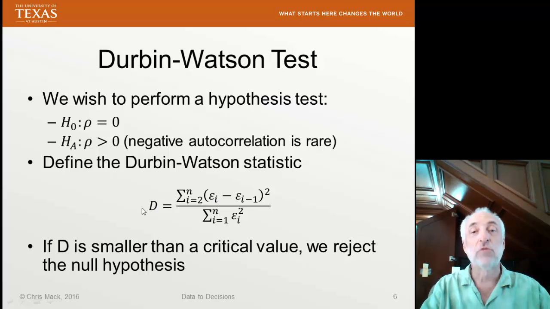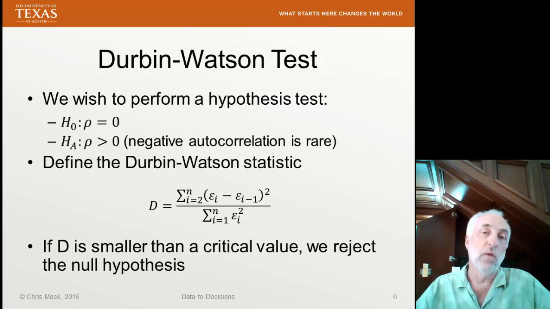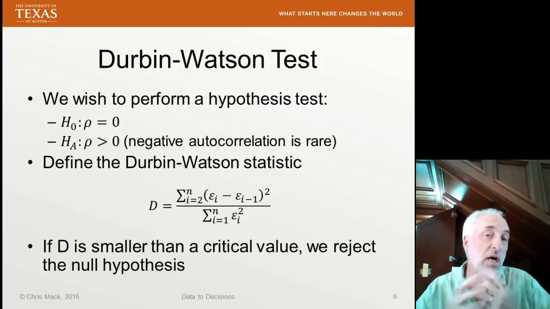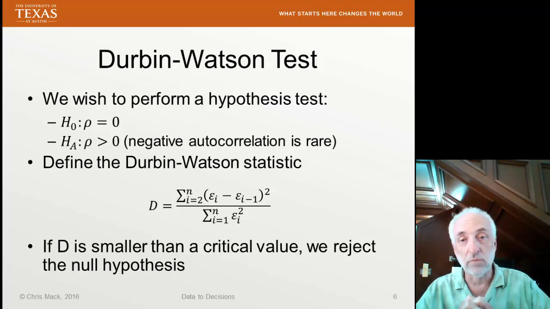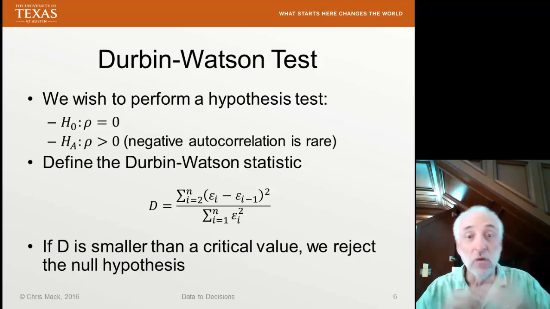And we find that for a lot of correlation between residuals of lag 1, the Durbin-Watson statistic is very small. When the Durbin-Watson statistic is big, then we see a lot of correlation going on. Excuse me, the opposite. When D is small, we see a lot of correlation.